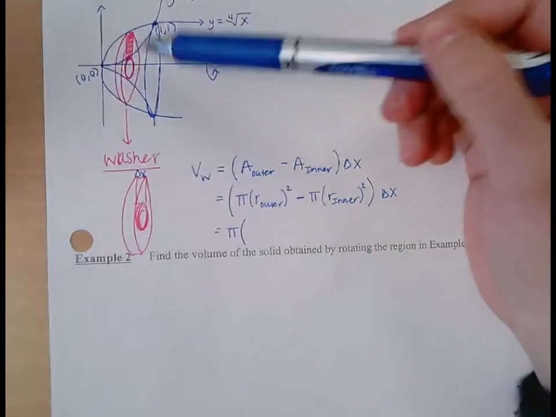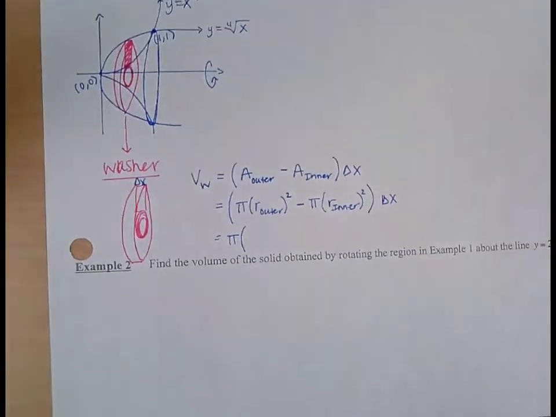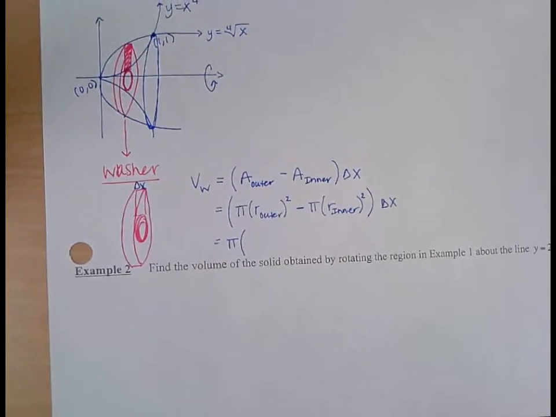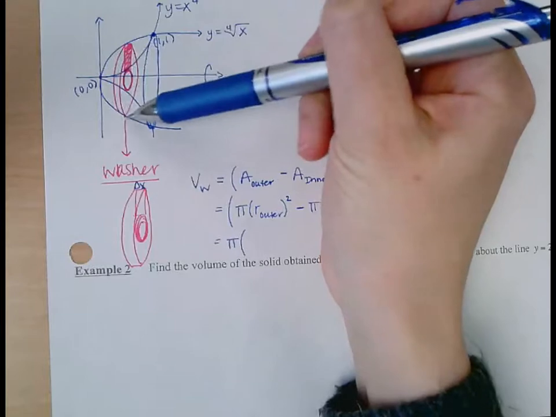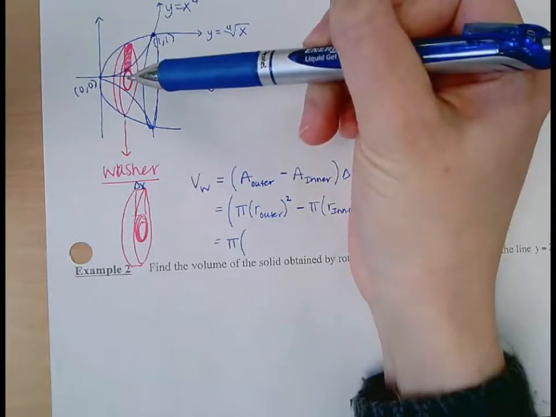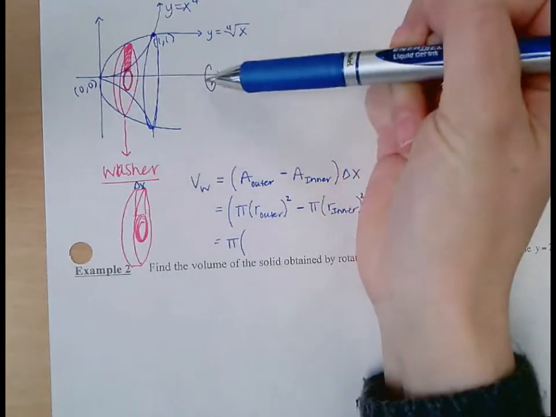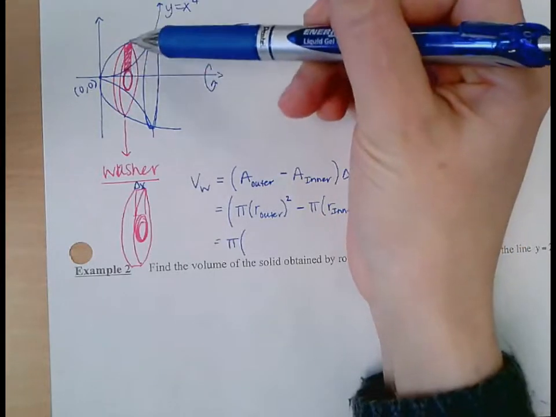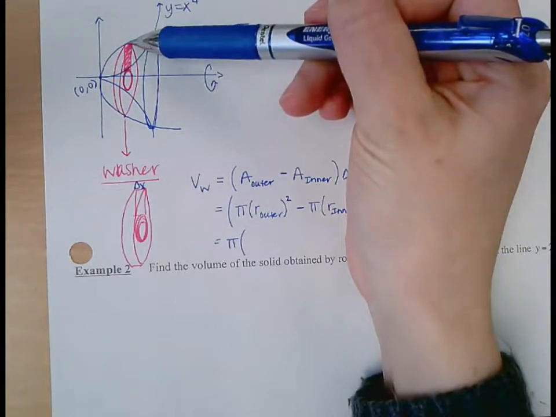When your rectangles are vertical like this, to find both of your radii, you're thinking of top curve minus bottom curve, the bottom curve being the axis you're rotating around. So my outer radius, the large circle that you see, extends from the axis of rotation, the x-axis, up to the top curve.